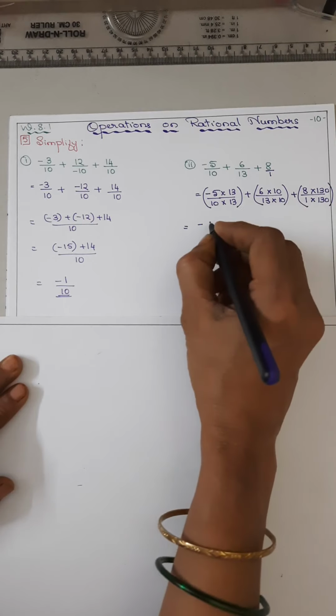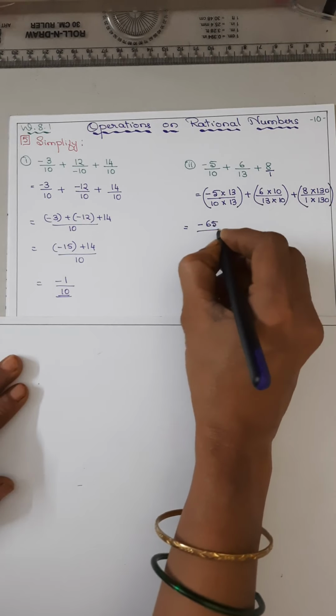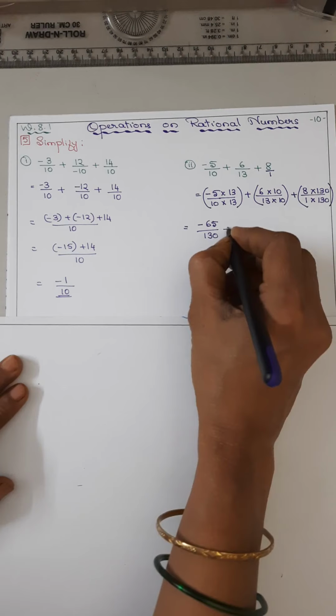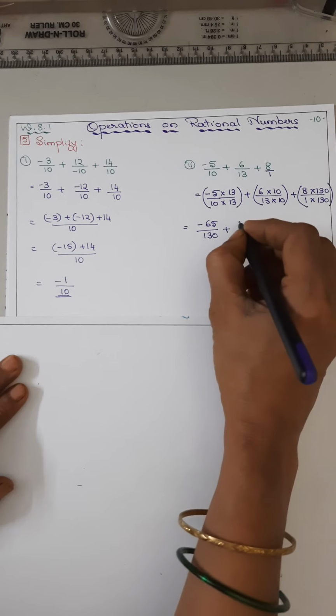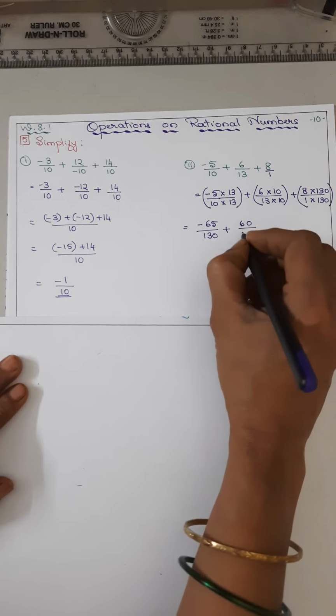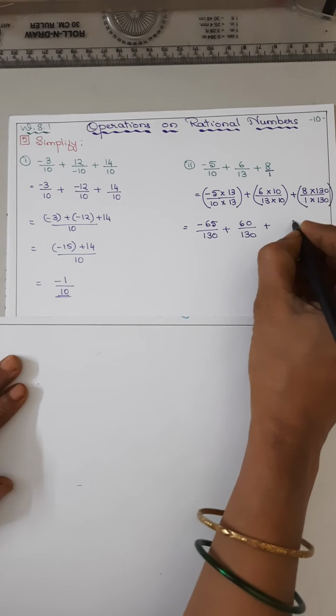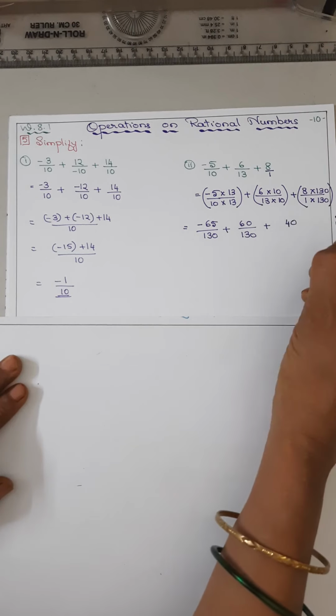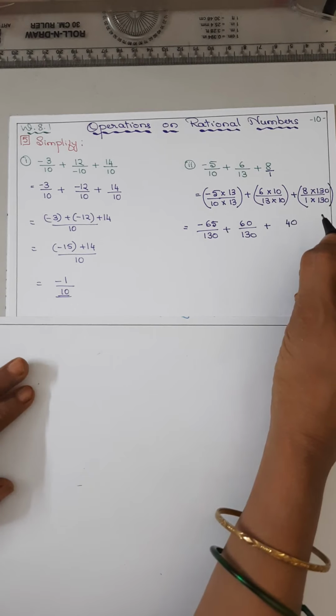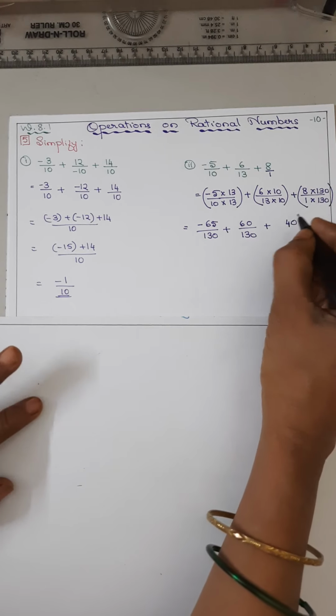13 5s are 65 upon 130, plus 10 6s are 60 upon 130, plus 8 zeros are 0, 8 3s are 24, 8 1s are 8, 9, 10.